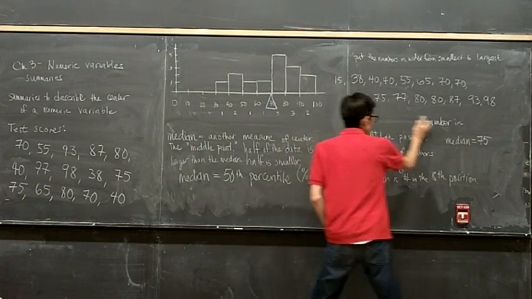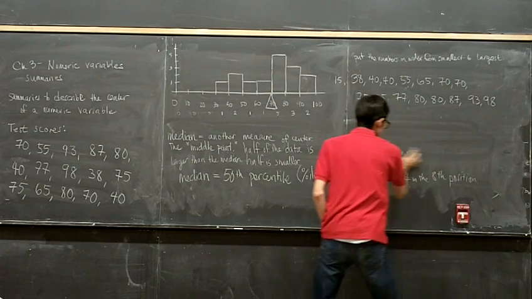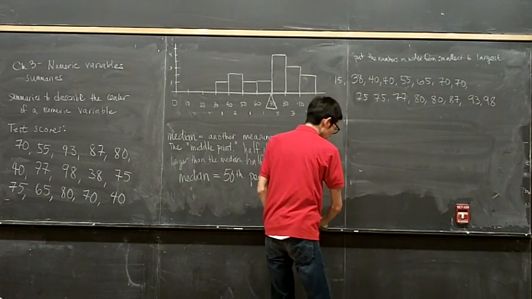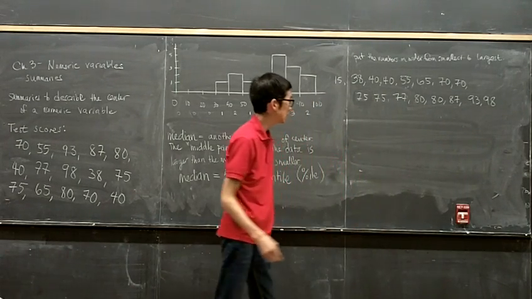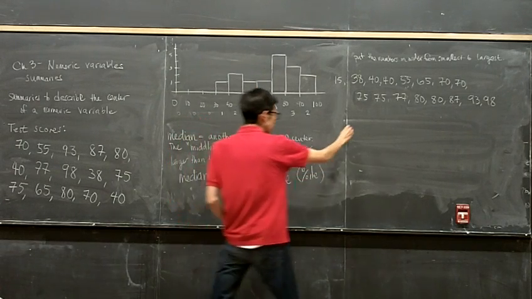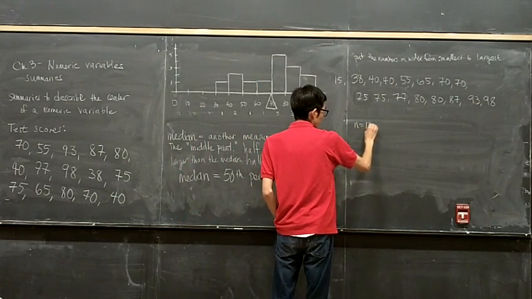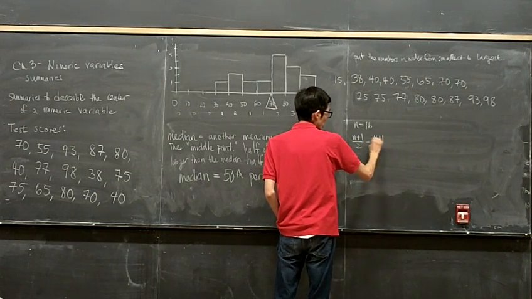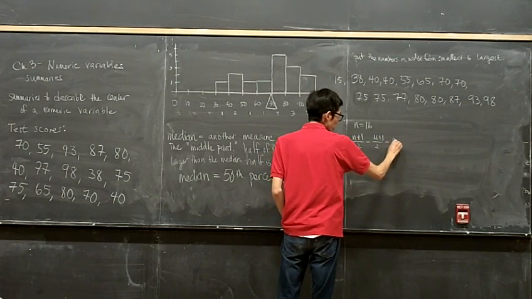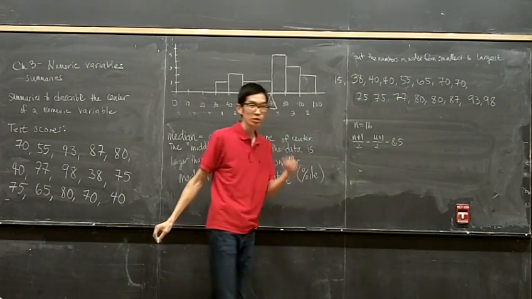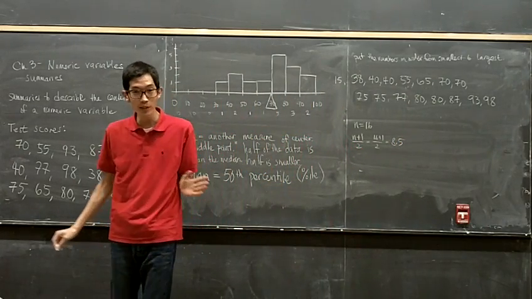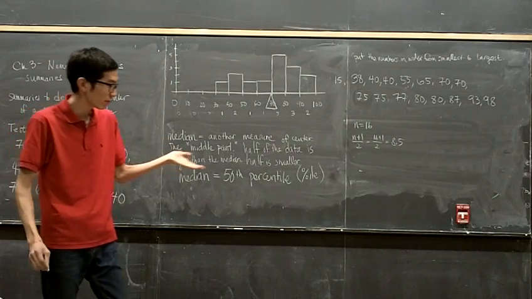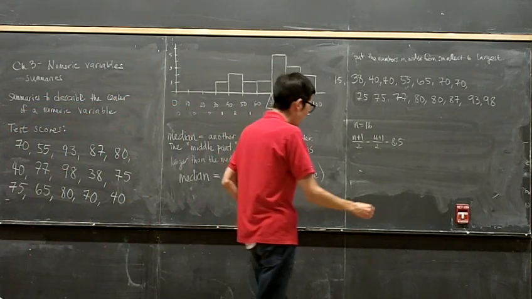So what is my n now? 16. Alright, so n plus 1 over 2 is going to be 16 plus 1 over 2, and I get 8.5. So my median is not 8.5, but it's the number in the 8.5 position.